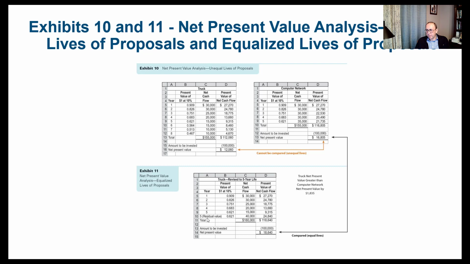We put them as a residual value of 40,000. When we do that, you can see that the net present value has increased to 18,640. So if we compare it to the computer network, in this case the truck net present value is greater than the computer network net present value by about $1,835.